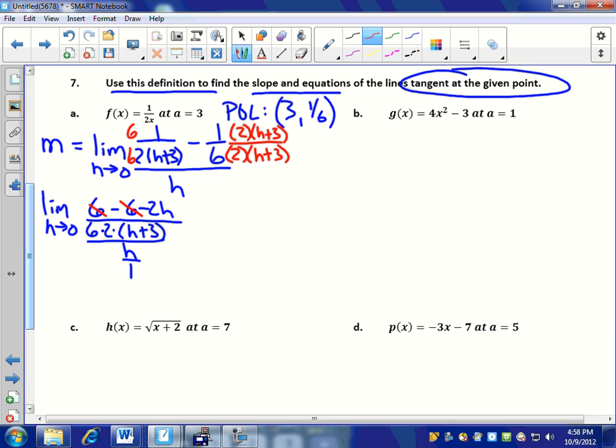You can see the 6's are going to cancel, leaving you with a negative 2h, multiplied by the reciprocal, 1 over h. You can see the 2 and the h will cancel. Leaves you with the limit as h goes to 0 of, in the numerator, negative 1, over, in the denominator, 6 times h plus 3. I can now plug in 0, and I get negative 1 over 6. That's my slope.